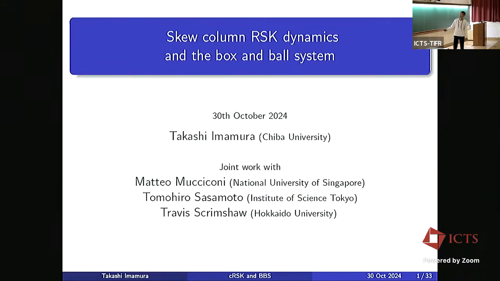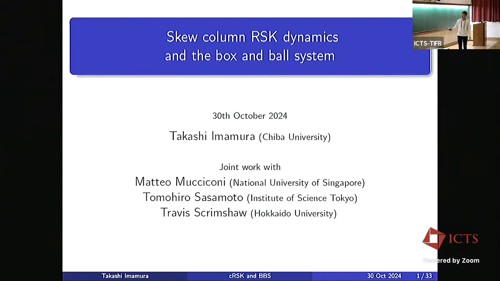Okay, so today my talk is about the continuation of the previous Tomohiro's talk. In the previous talk, Tomohiro talked about our recent project, Skew RSK dynamics. My talk is about a more recent topic, Skew column RSK dynamics, which is a certain variant of the Skew RSK dynamics, and its relation to the single species box and ball system.